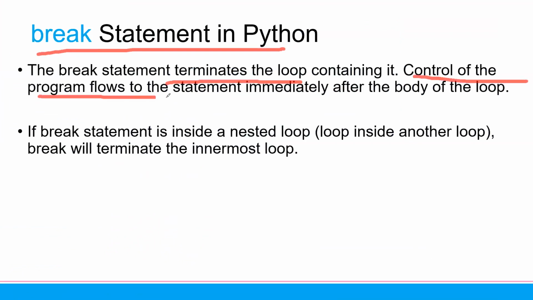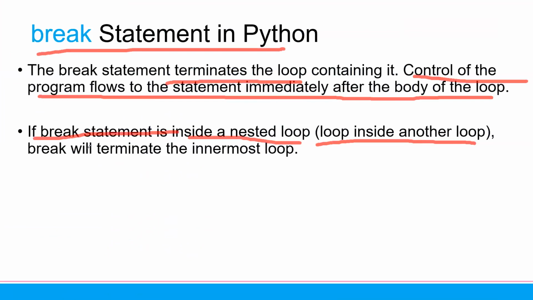Control of the program flows to the statement immediately after the body of the loop. If the break statement is inside a nested loop, or loop inside another loop, then break will terminate the innermost loop.